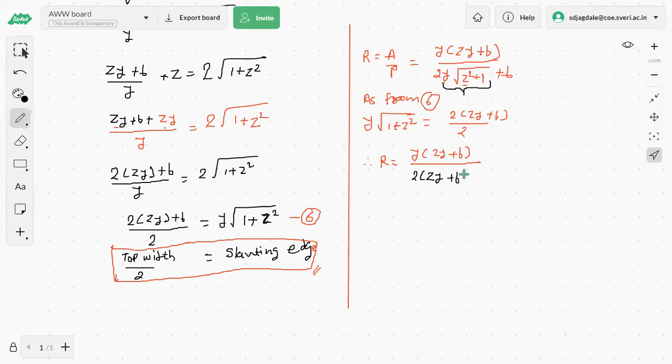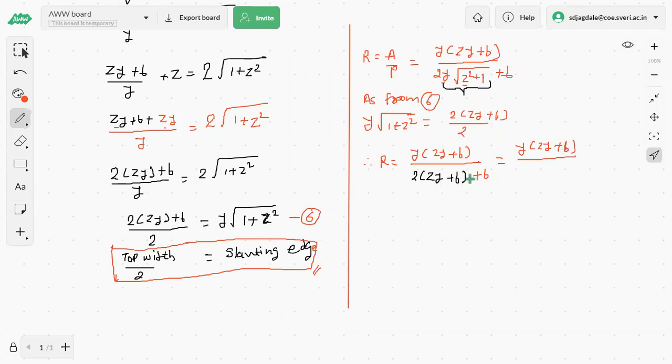This is a replaced term, we can say. And then whatever the b was there in, that b will remain as it is, plus b. So that is equals to y into zy plus b divided by this b plus b.